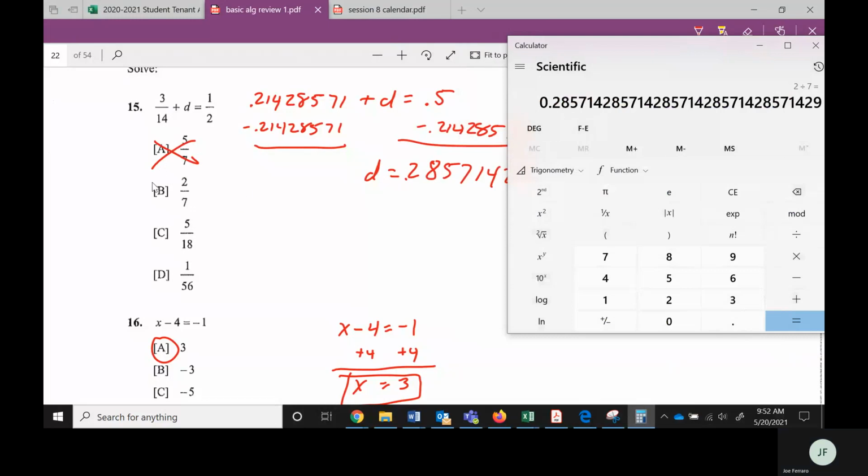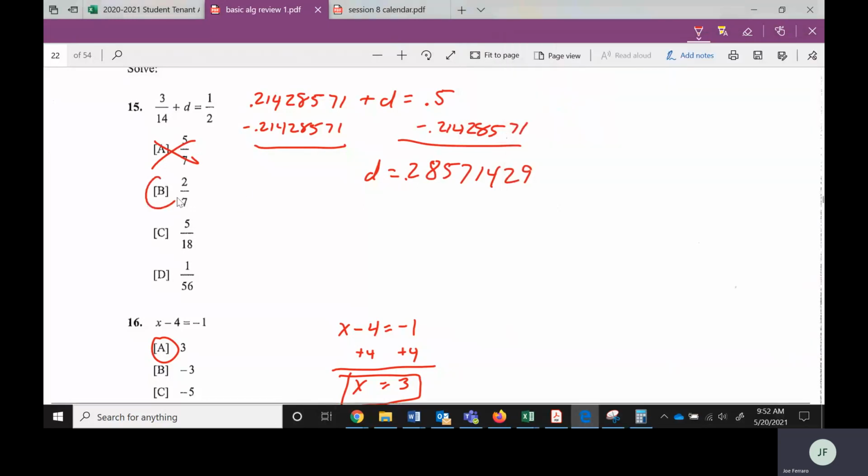That should be the correct answer. Now you could go check these, especially if this is a test, and see what they are. This comes out to be like 0.27 repeating. This comes out to be 0.017 something, so those are both out.